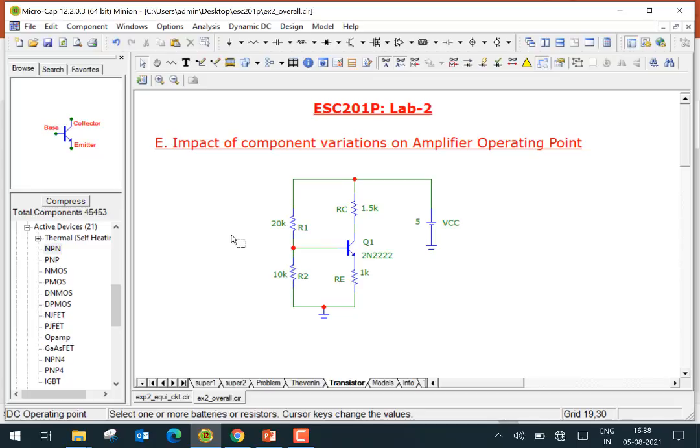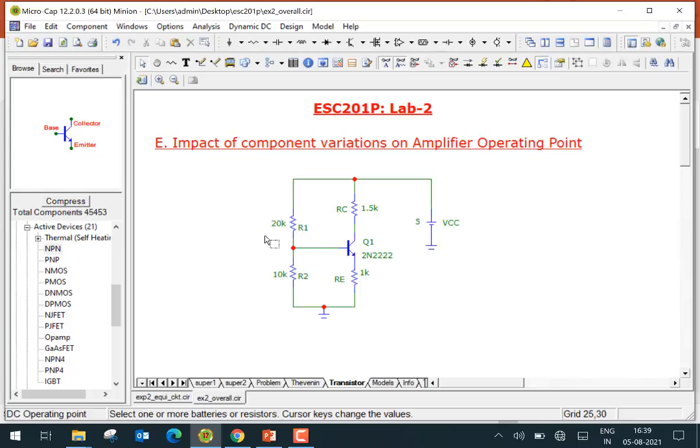Now the simulator is more powerful. The simulator would allow you to vary R1, R2, RC, RE, VCC, all of them simultaneously, and you can get a plot of the worst case maximum or minimum values of IC. But in this case, we would like you to determine by yourself the impact of R1 on collector current and accordingly make it higher or lower.